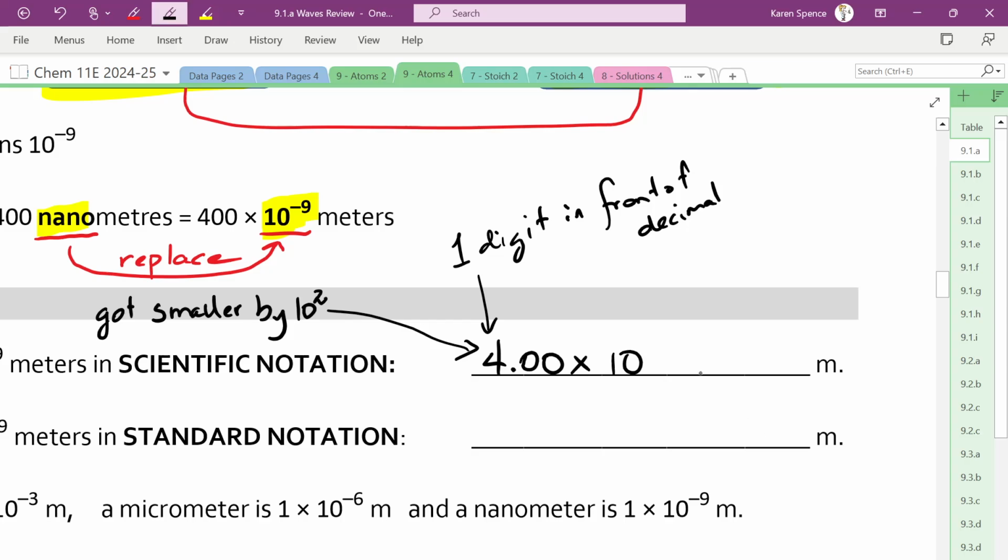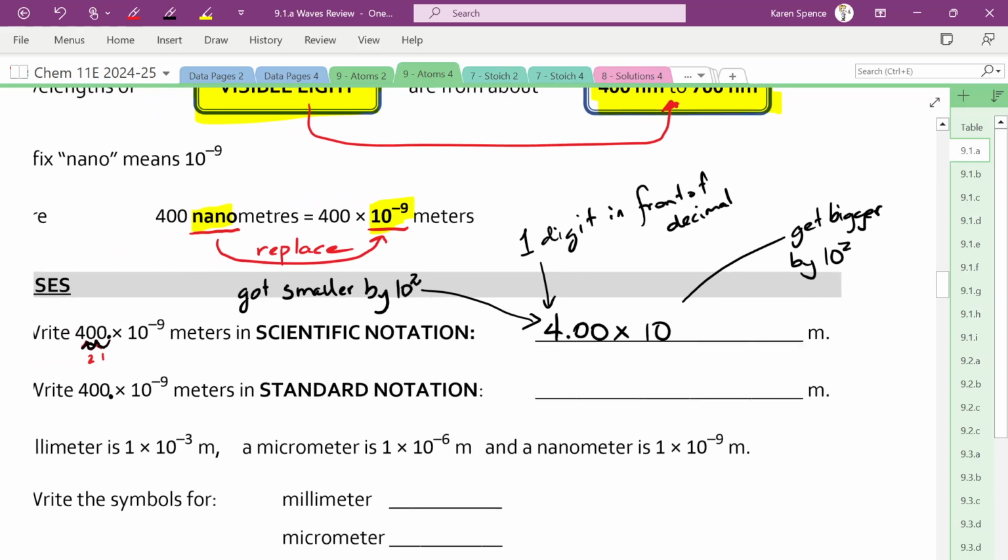That means that our power of 10 has to get bigger by 10 to the 2. If one side is getting smaller by 10 to the 2, the other has to be getting bigger by 10 to the 2. So 10 to the negative 9 would become 10 to the negative 7. Okay?